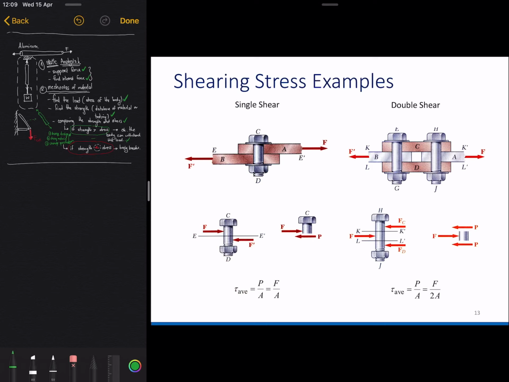Example of the shear stress. So you know how the bolt works. What does it mean for the bolt? If you're interested in the bolt in depth, I can explain it roughly. When you're tightening the bolt here, what does it mean?